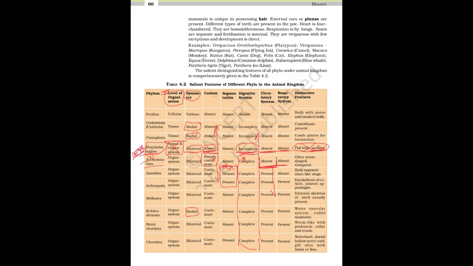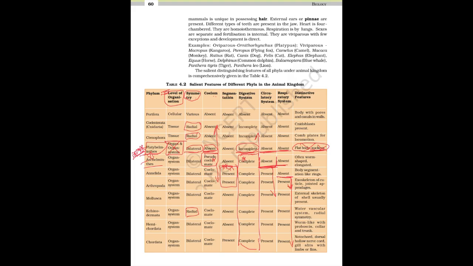Now for respiratory system, you can see here that from Arthropoda it is starting, like book lungs and all. Respiratory system started from Arthropoda. Till Annelida it is absent because they can respire through skin directly. In our chapter you will study that.